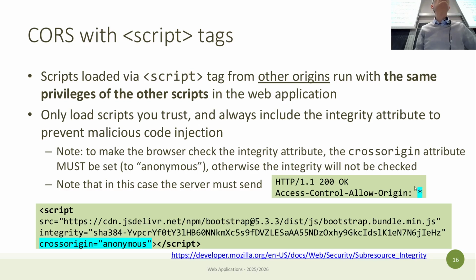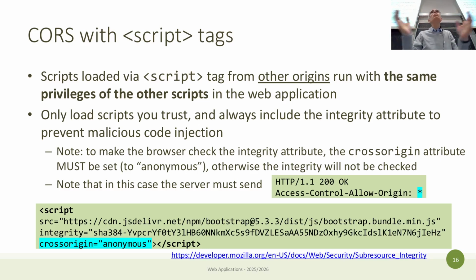Okay? We load the code, but it cannot be executed by the browser because the browser doesn't trust this code, because it's from another origin. And in any case, you're loading something outside the places, the servers, that you control. Always make sure that you include this integrity check, the hash of what you are loading, so you are sure that you're executing the code that you checked before.